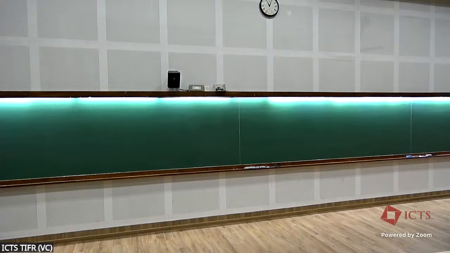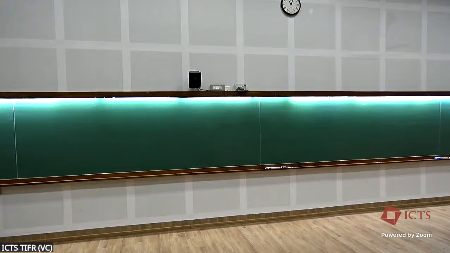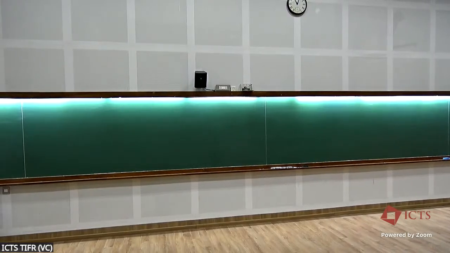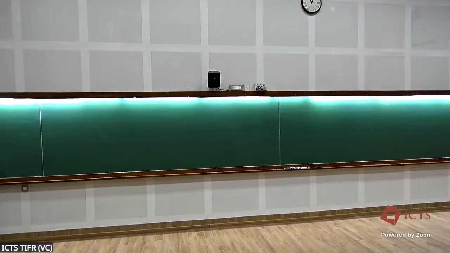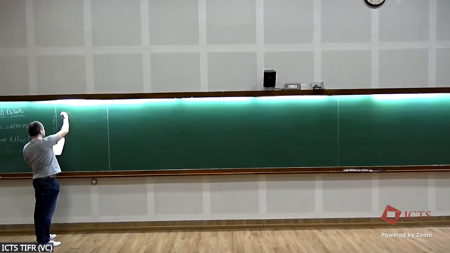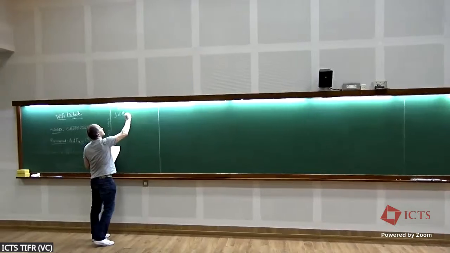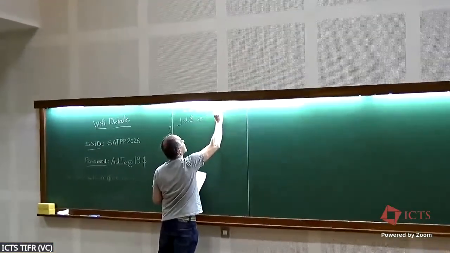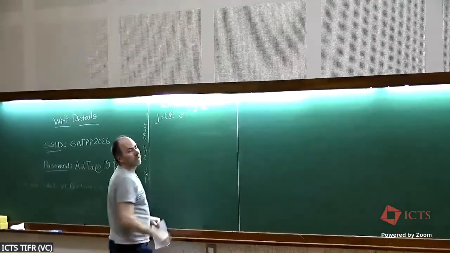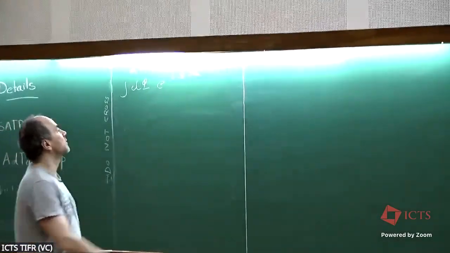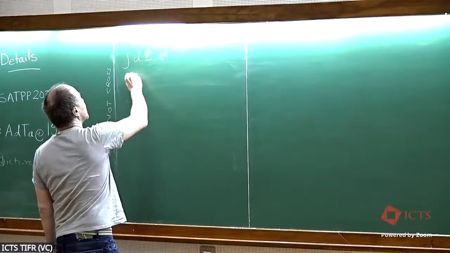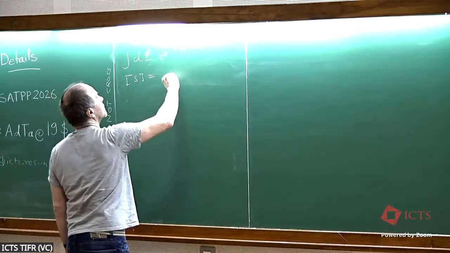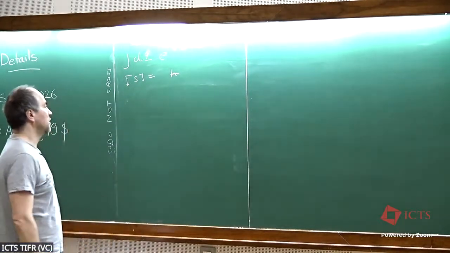Normally we work in units of h-bar equals 1, and then we never see h-bar. But if you restore it, the way it enters the path integral is that it divides the action. So you can say that the units of action are h-bar.